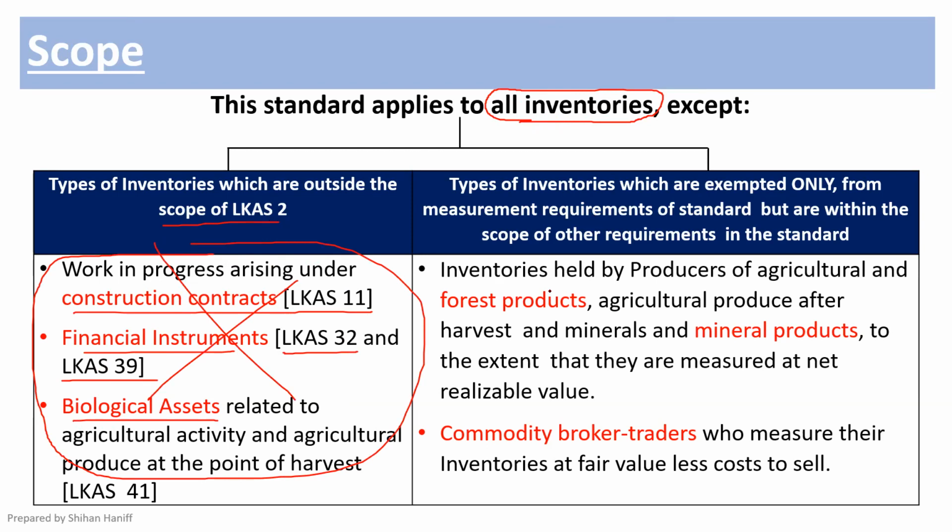Also products like forest products, agricultural products, mineral products, and commodity broker traders will be exempt from LKAS 2. All other inventories or stock we will consider under LKAS 2.